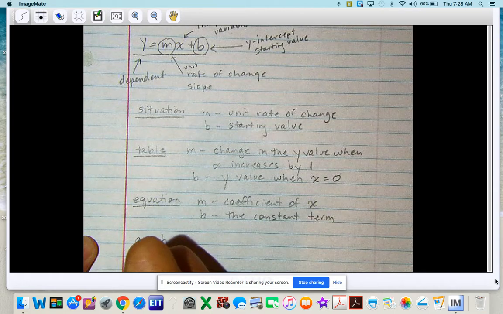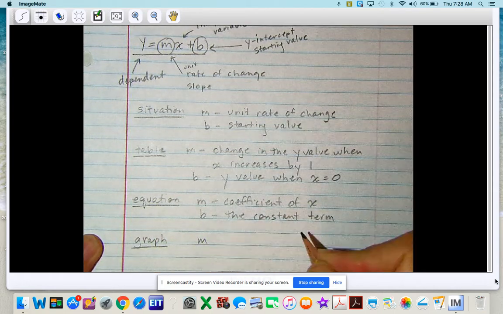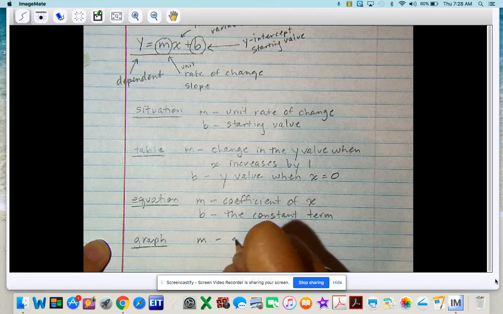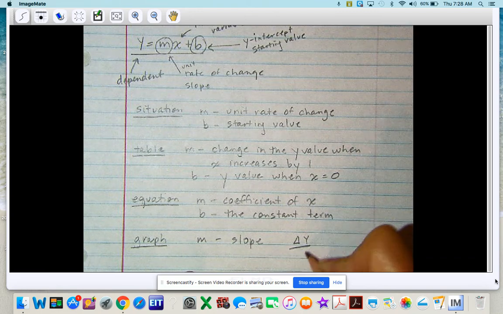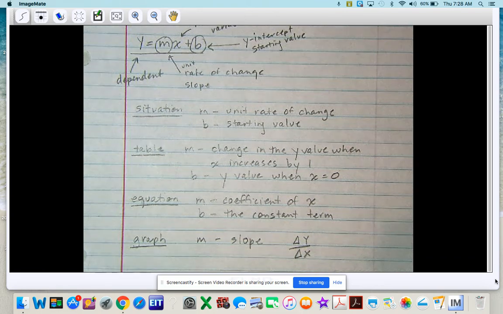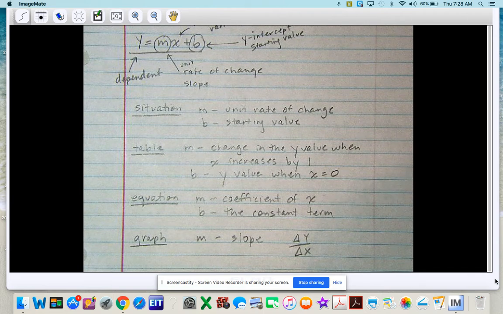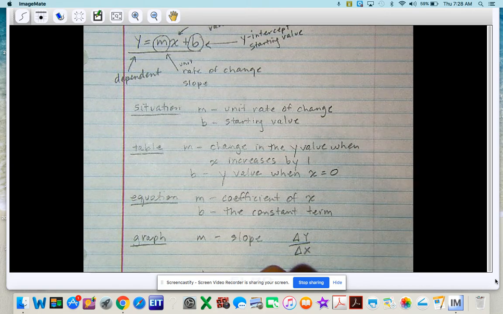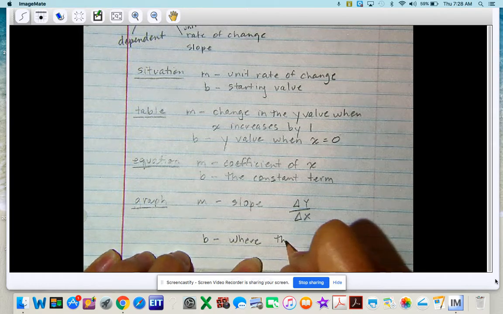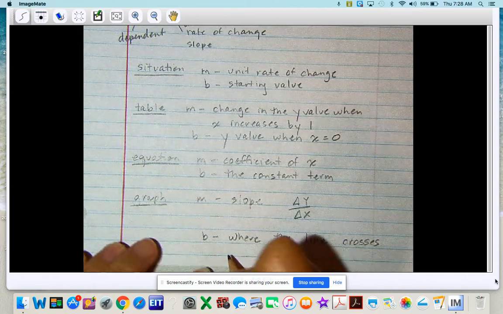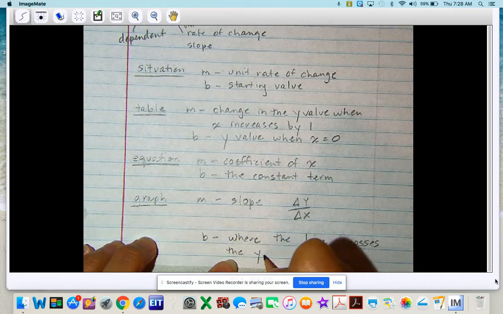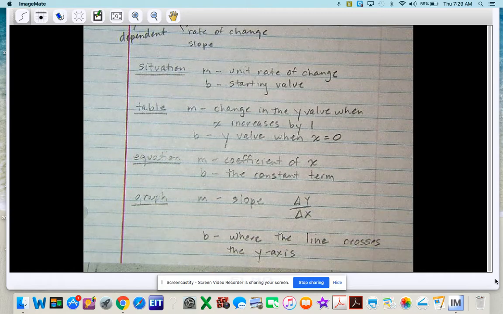How do we figure out what the m is, or the rate of change, the unit rate? We find the slope, and you do that by finding the change in y and dividing that by the change in x. All right, and looking at a graph, where do we find the b value? That's the y-intercept, just where the line crosses the y-axis.